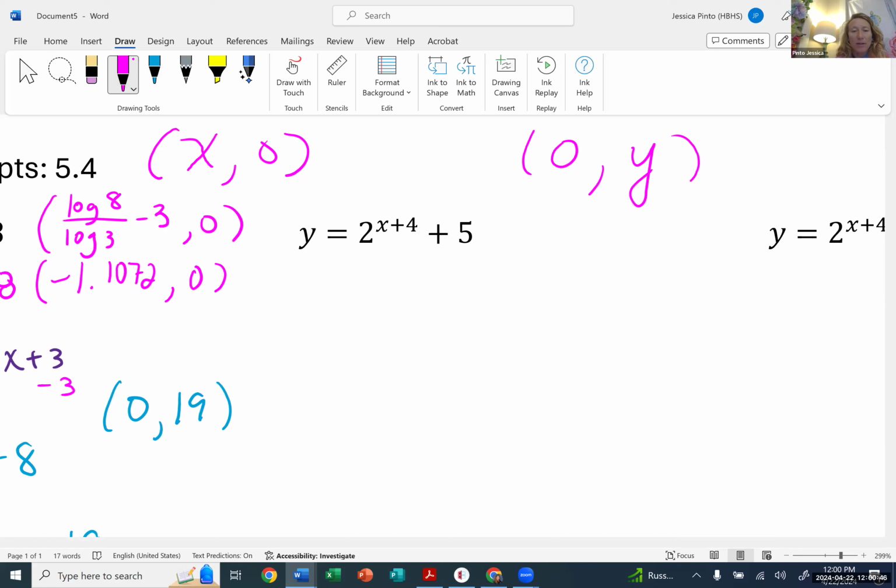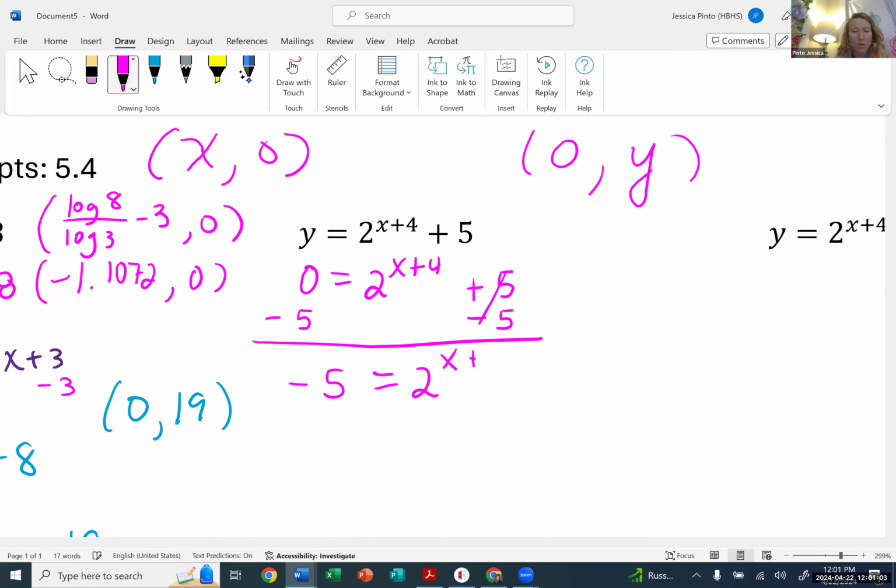When I replace the y with 0 to find the x-intercept, you can see that the first step is to subtract the 5. And then this creates a conundrum. -5 is equal to 2 to the x plus 4 power. Nope. Negatives are never equal to a positive base.